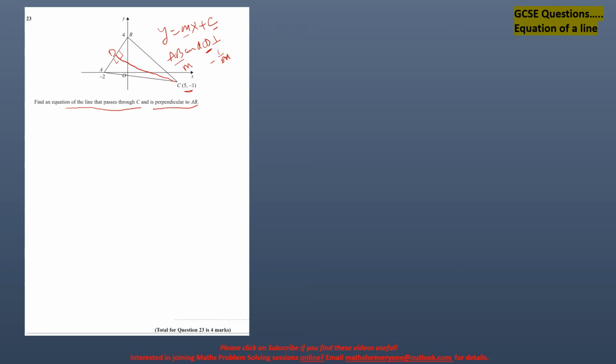So the first job here is to find the slope of AB. We know the formula of slope is y2 minus y1 over x2 minus x1. Point B is (0, 4) and point A is (-2, 0).